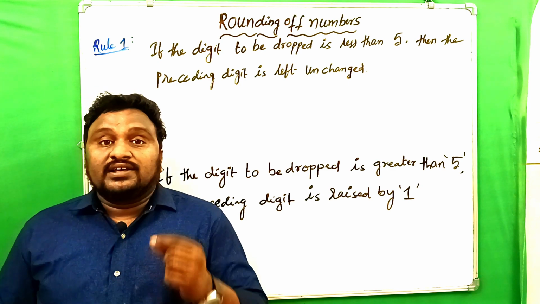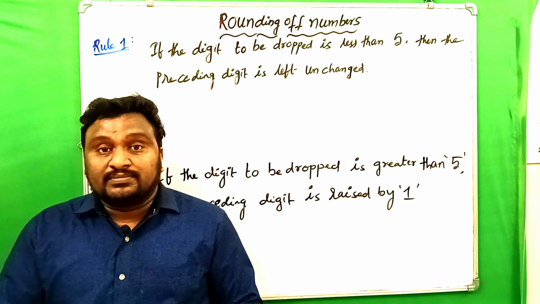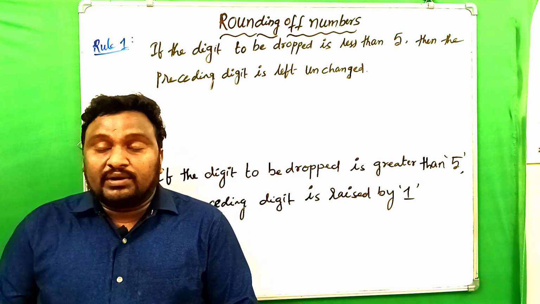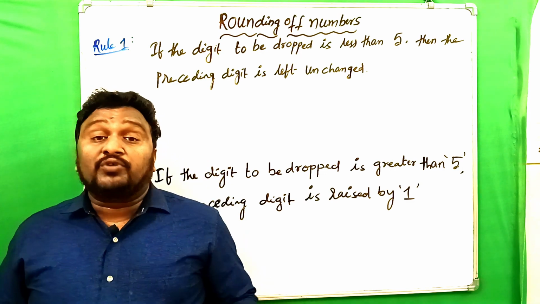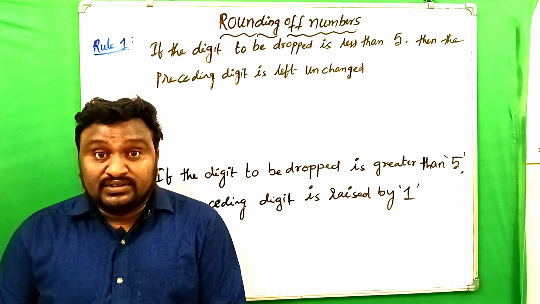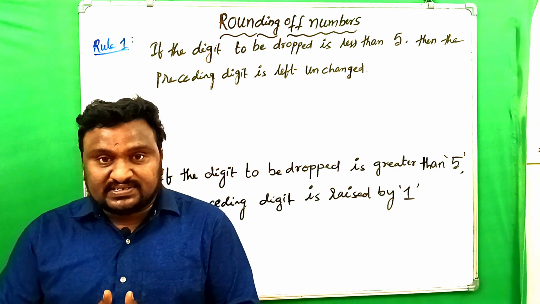There are some rules for rounding of numbers. In the previous video we discussed what significant figures are and which rules we follow to identify them, so I think you have an idea about significant figures.